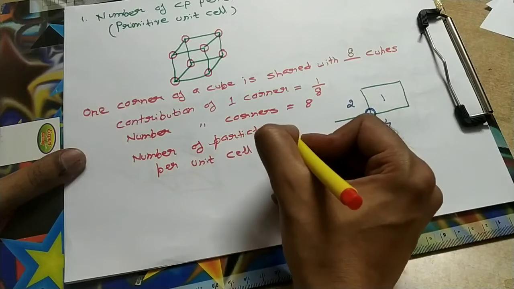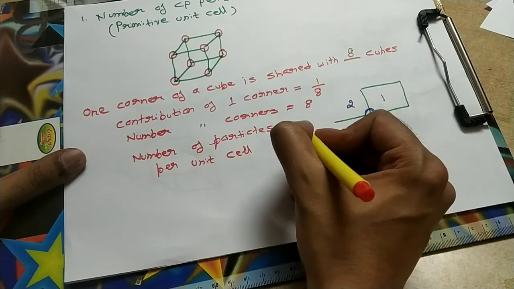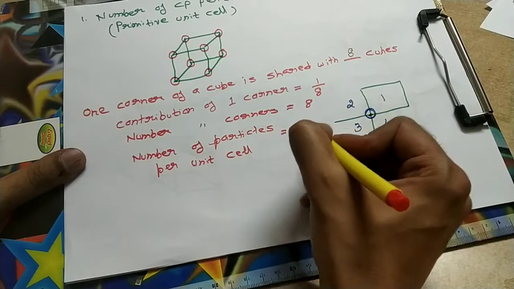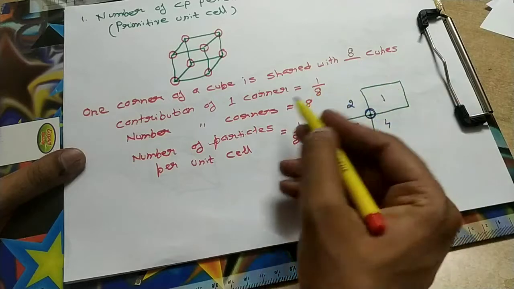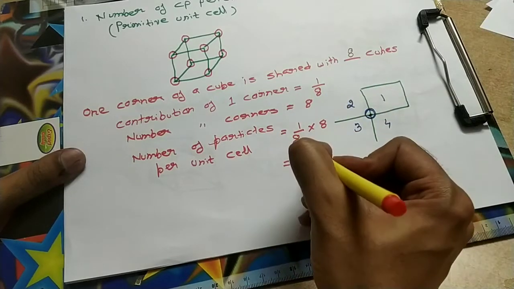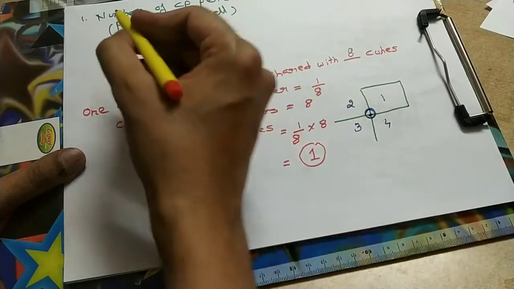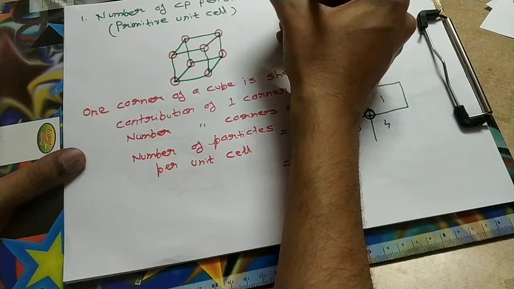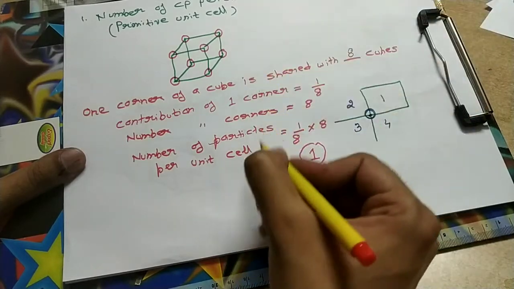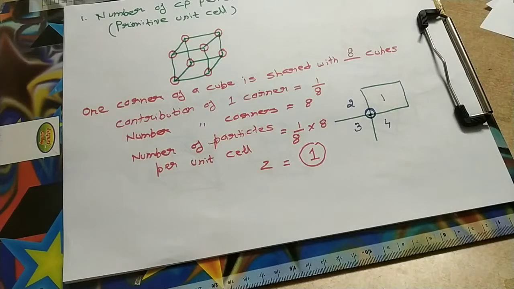Number of particles per unit cell is 1 by 8 into 8. Contribution of one corner multiplied with the number of corners. Answer is 1. ठीक है, number of particles per unit cell we will represent with symbol Z. So you can say Z equal to 1 in case of simple unit cell.